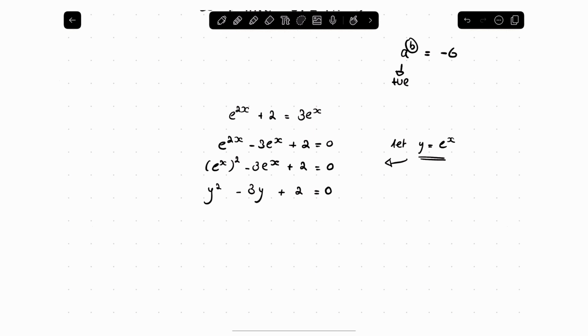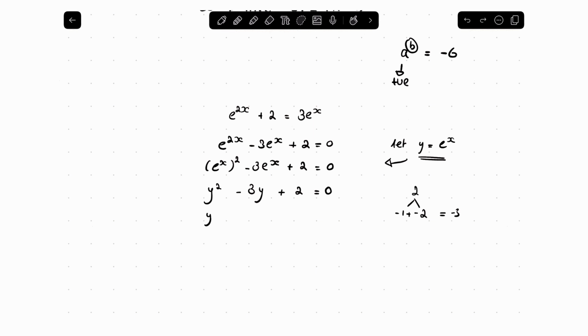Let's continue by solving this quadratic equation. There are many methods. You can use the quadratic formula, but I'm just going to use the simple one, which is to find the factors of 2 that add up to -3. So it's going to be -1 and -2. If you add them up, you get -3, and if you multiply them, you get 2.